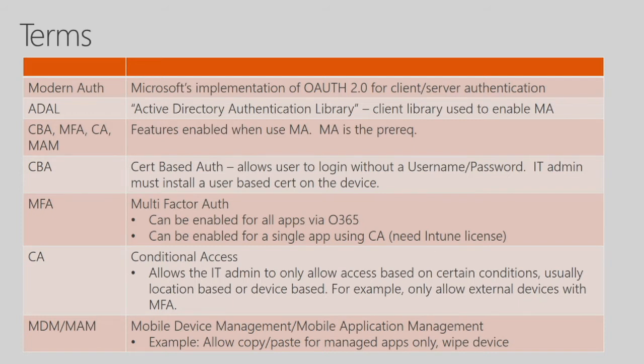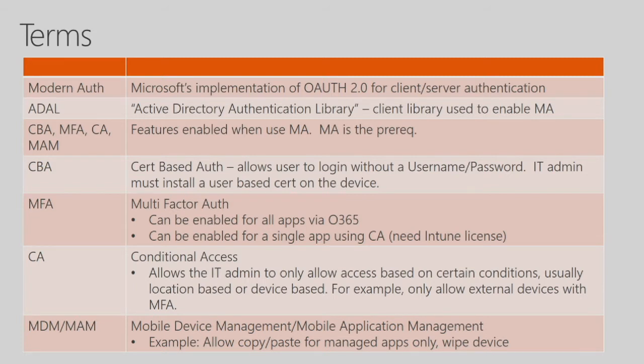What modern authentication does is provide a better, more secure protocol for doing authentication. Specifically, it does not send the credential, the password, over the wire. Instead, it uses tokens. But really, as a customer, the protocol is important, but what the protocol does is enable a bunch of features.